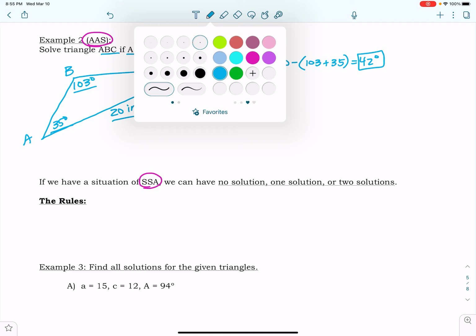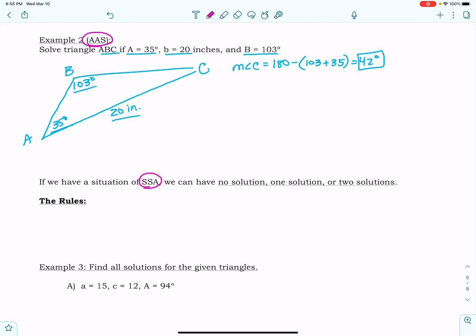We're going to switch colors here. And now I'm going to find A and C. So I'm going to set this up as A over the sine of 35 degrees and 20 over the sine of 103, because those are the values that I have right there.